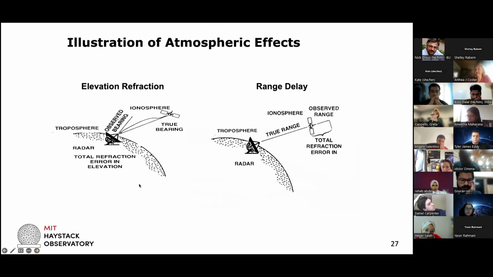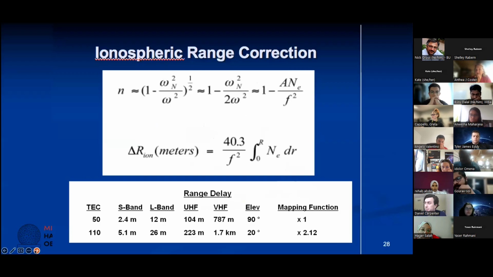And again, it gives you both elevation refraction and range delay. So our measurement, just to give you a sense of how big this is, is the difference in the range correction between the two frequencies that we're tracking.